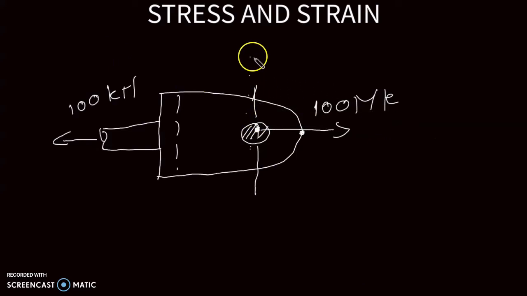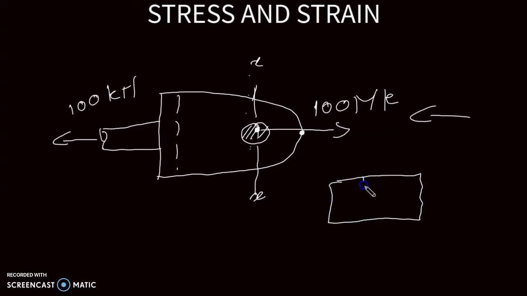So if I say this is XX, I draw a cross-sectional area cutting on line XX, looking at it from this direction, and I will end up with something like this. This is the hole. Okay, it's not like this.